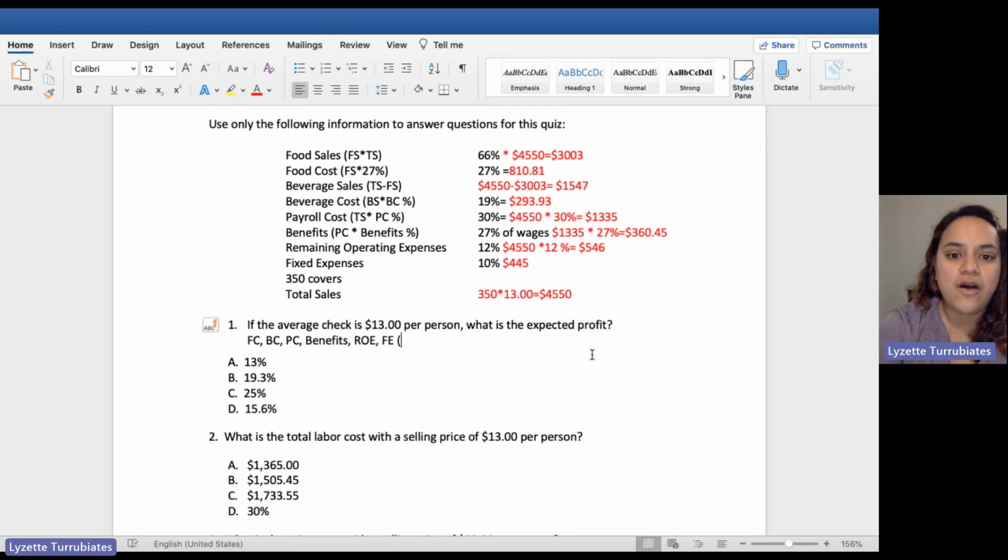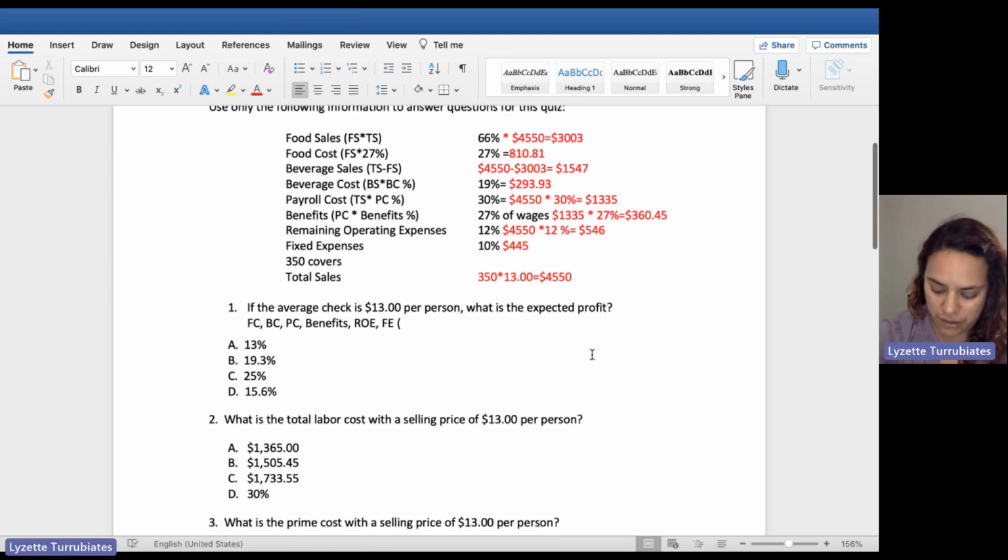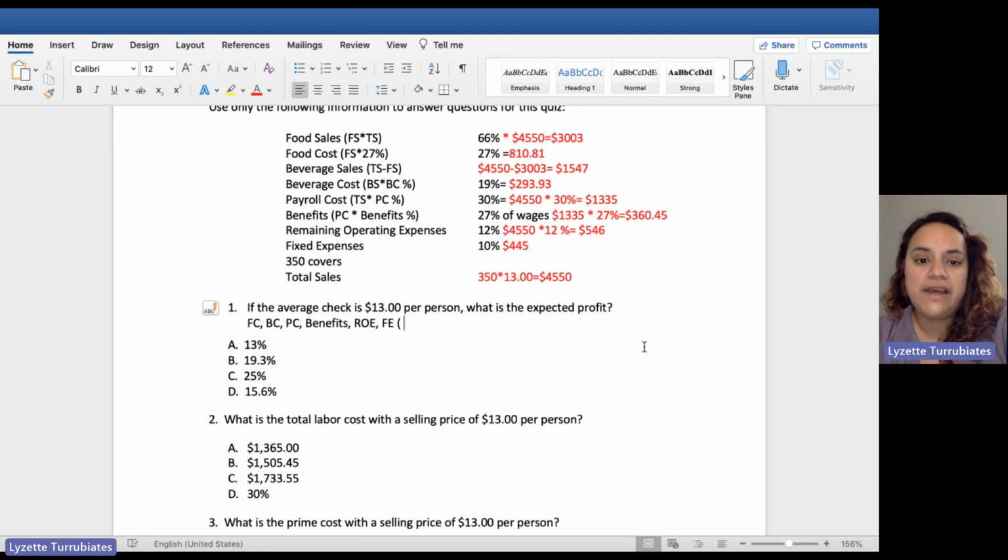We're going to add all those together. That's going to give us our total cost of expenses. So when your question asks what the total cost of expenses is, you add up your food costs, beverage costs, payroll costs, benefits, remaining operating expenses, and fixed expenses.